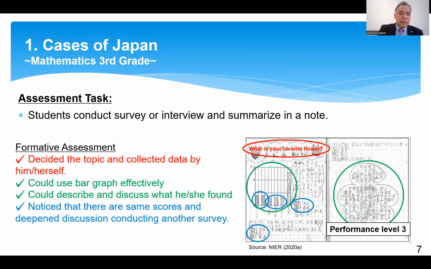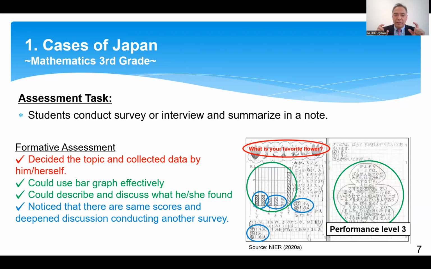So the assessment task: students conduct a survey or interview and summarize in the note. So this is how students take notes. So the formative assessment, number 1 is a red one: decided the topic and collected data by himself or herself.